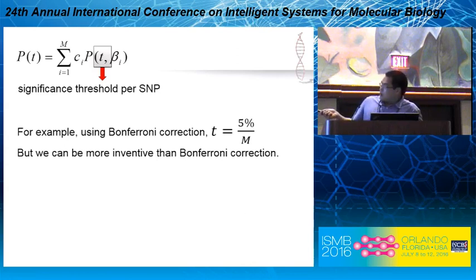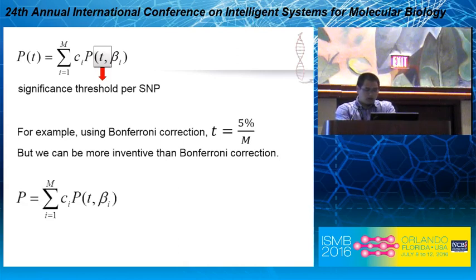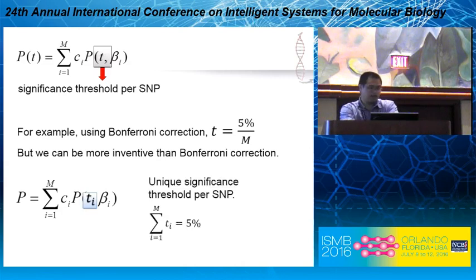But if you look at this, we can be a little bit more inventive than using Bonferroni correction. The next thing we can do is replace t with t_i. So t_i would now be the unique significance threshold per SNP, and you want the sum of t_i to be 5% to control the total false positive rate.